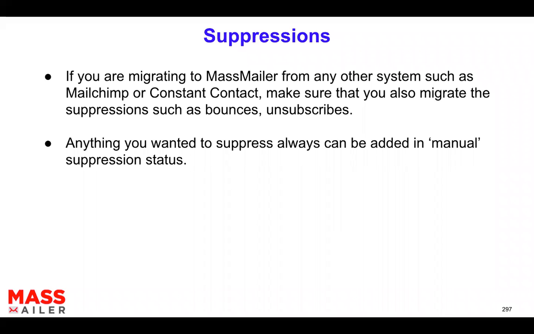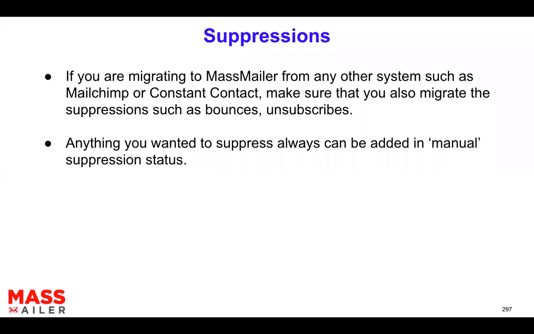And sometimes these emails are not really bouncing, but you don't want to send emails to those email addresses forever. At the same time, you don't want to delete them from your database, and you don't want to rely on the salespeople to go suppress these emails on their own.